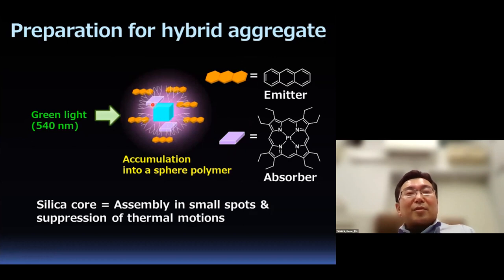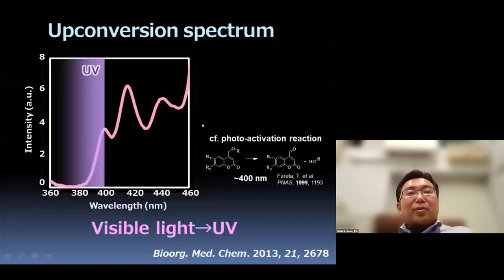And by suppressing the molecular motion, energy transfer should proceed smoothly. As a result, we thought the TTA process should be induced. We monitored the luminescent property, and by irradiating green light, partially UV light can be obtained. From this data, visible light can be converted to UV light.